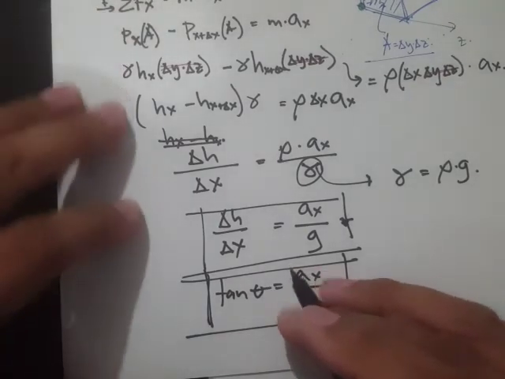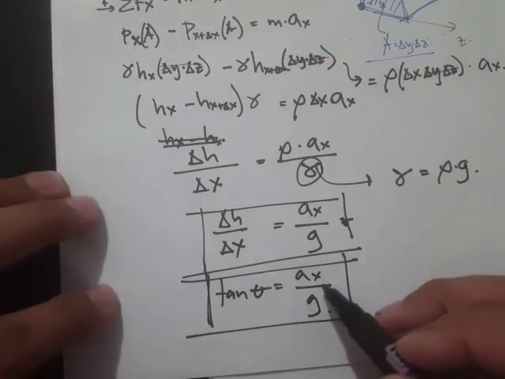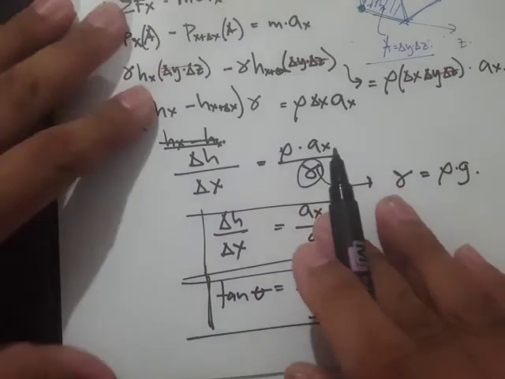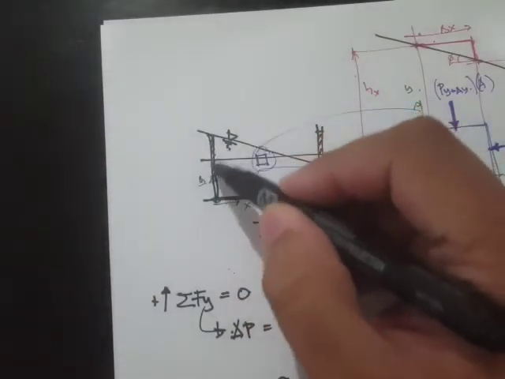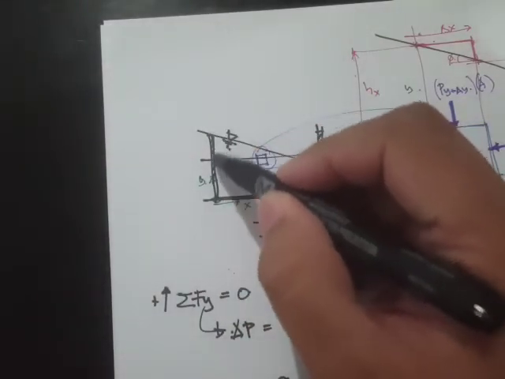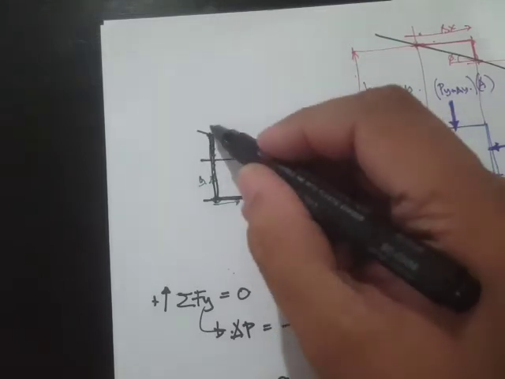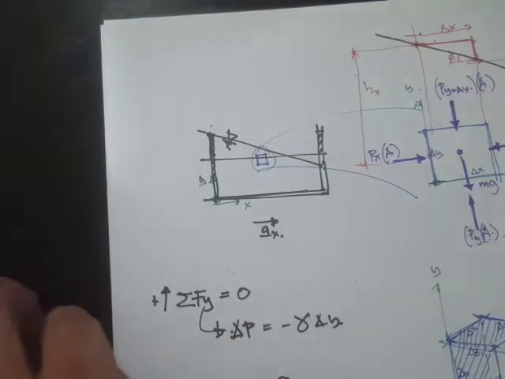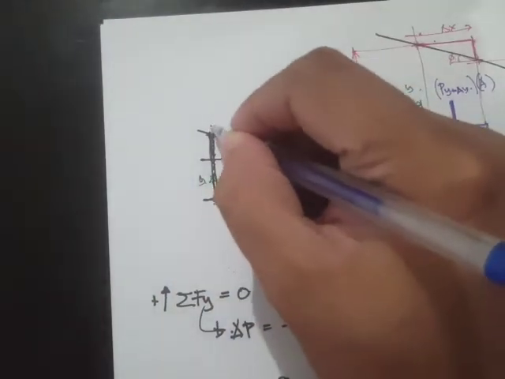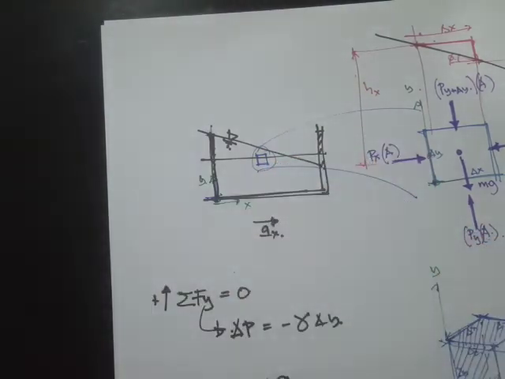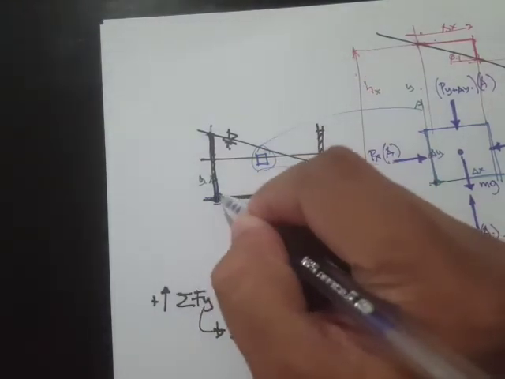Also, if we know the acceleration, we can determine how high the fluid will rise right here, because once we know this height, we can determine the overall height from this point to the point of concern, let's say this one.